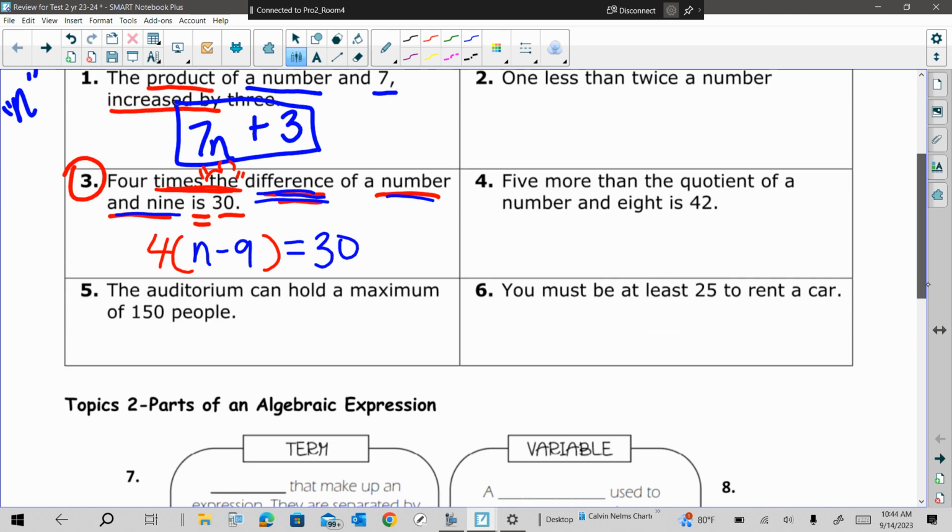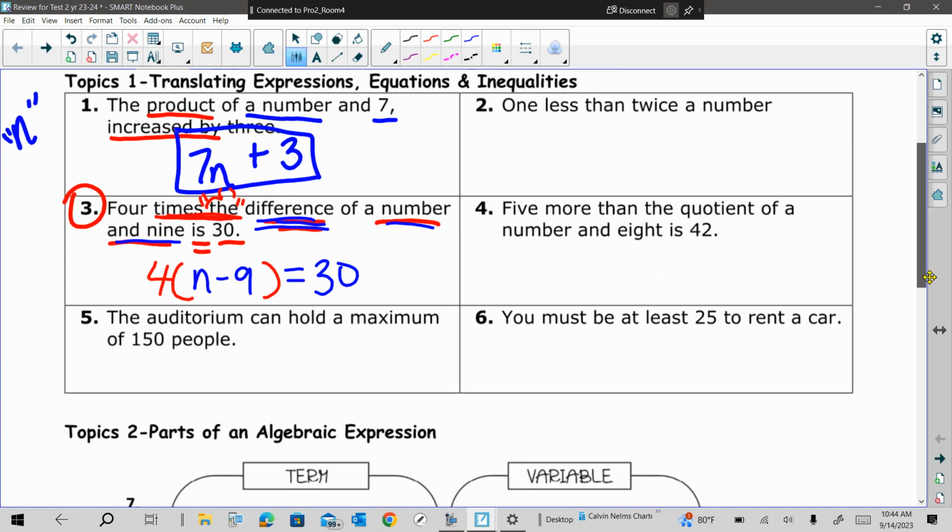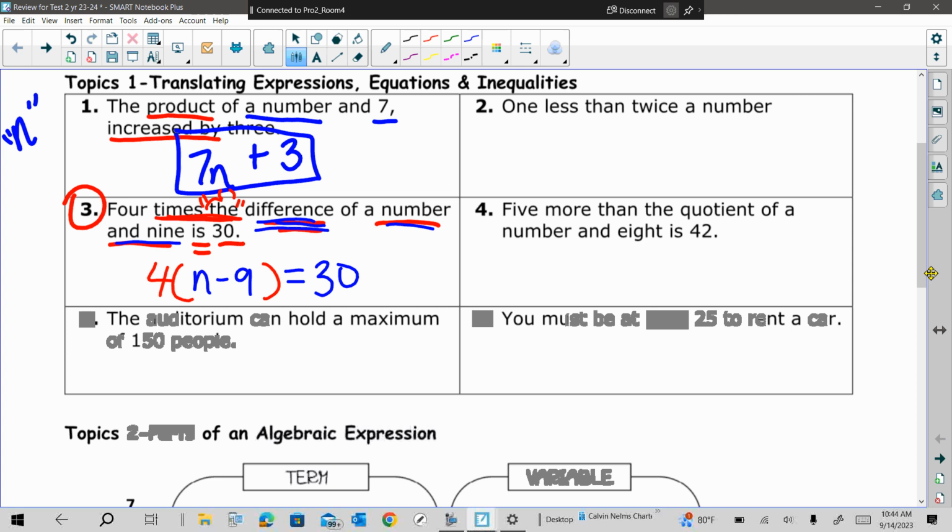Now, number 5 is an inequality, because topic 1, we want to translate expressions, equations, and inequalities. When I ask you to check your understanding of inequalities, I'm not going to use words like less than or greater than. It's going to be words like maximum. If the auditorium can hold a maximum of 150 people, what inequality is showing a maximum?